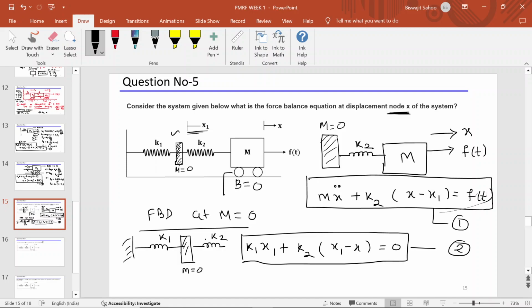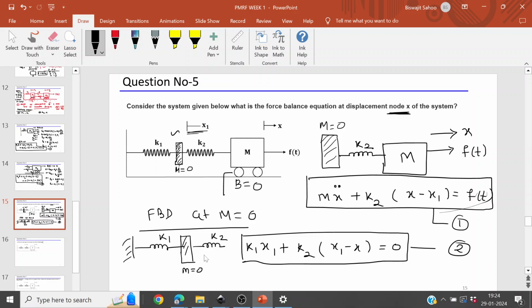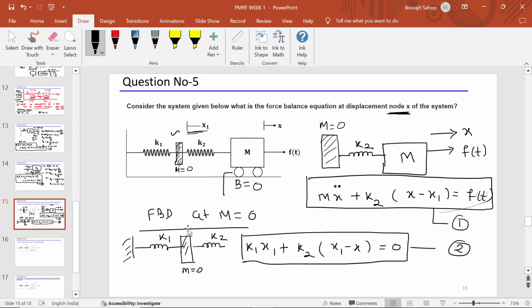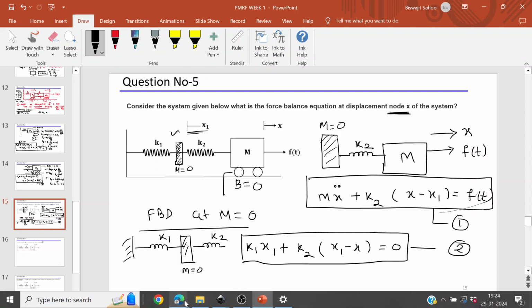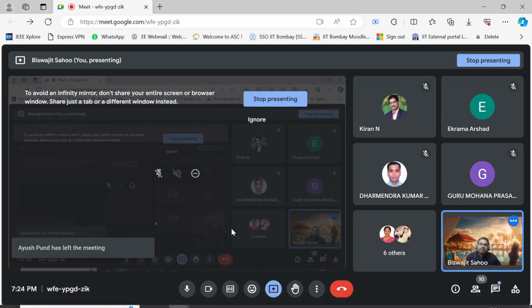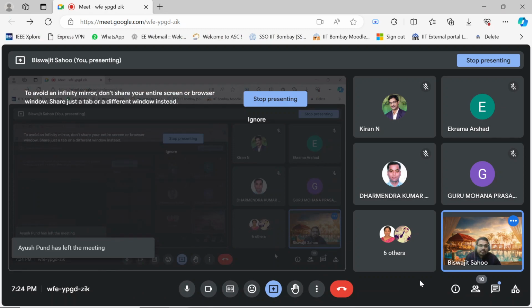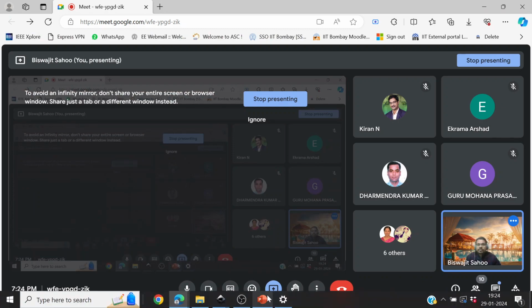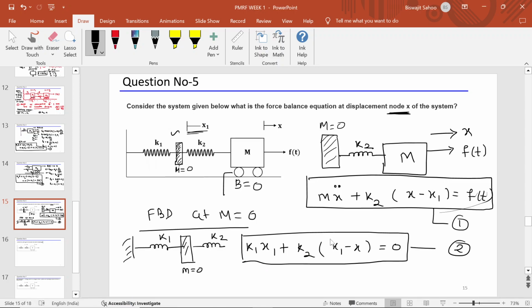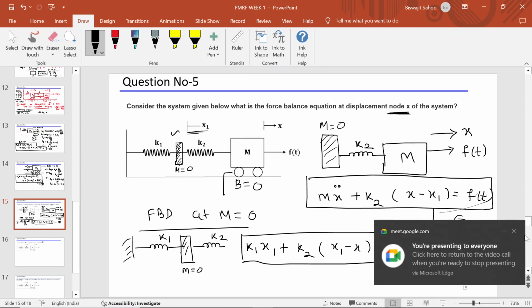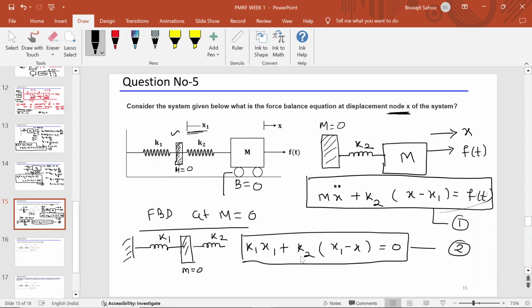Everyone clear on this question? I think question number 5 is clear.